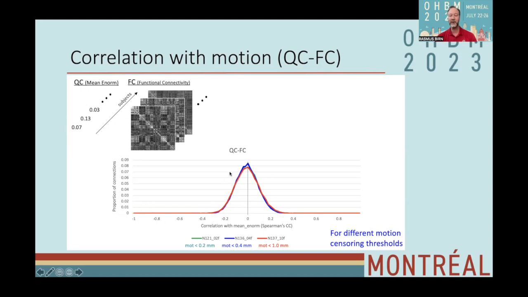What I'm showing you here at the bottom is a histogram of these correlation values. And I've shown this here for 3 different motion censoring thresholds, 0.2 millimeters, 0.4 millimeters, and 1.0 millimeters. And in this particular population, there really isn't a whole lot of difference in these histograms, that is, in the correlation with motion for these different motion censoring thresholds.